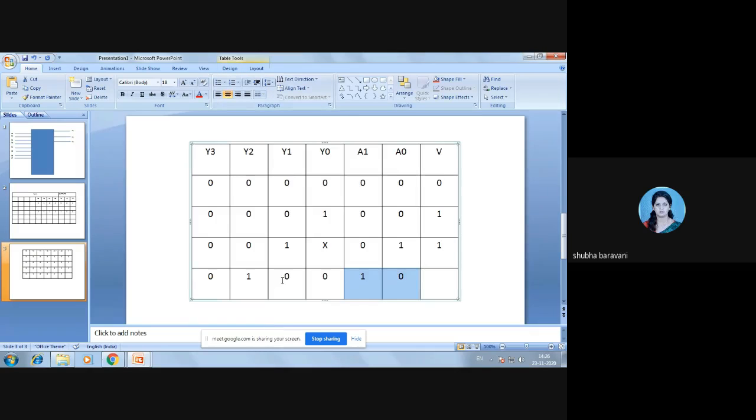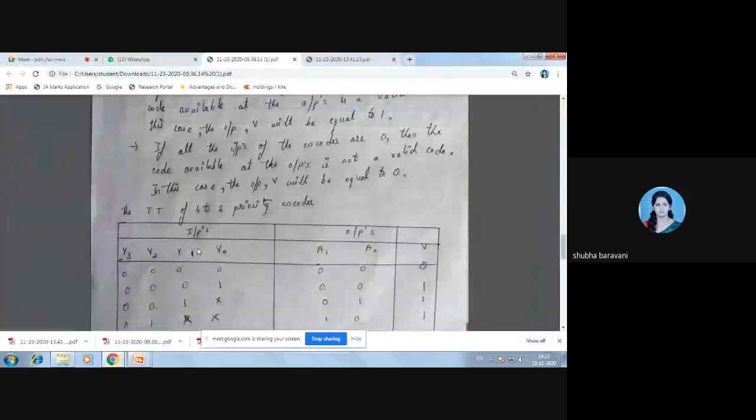Now, if this is 1, what would be my output? Same, ma'am. So, can I replace this with don't care? Yes, ma'am. So, what would be my V? 1. Understood? So, you can now analyze this.